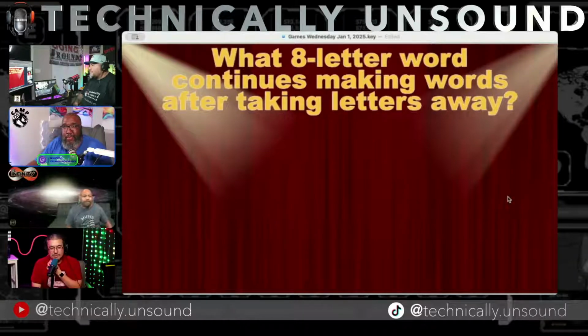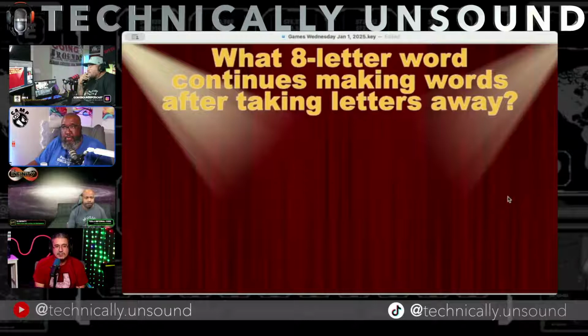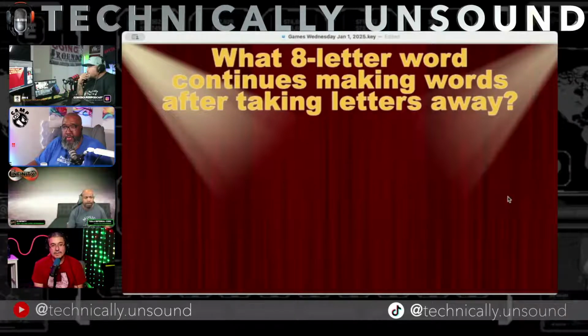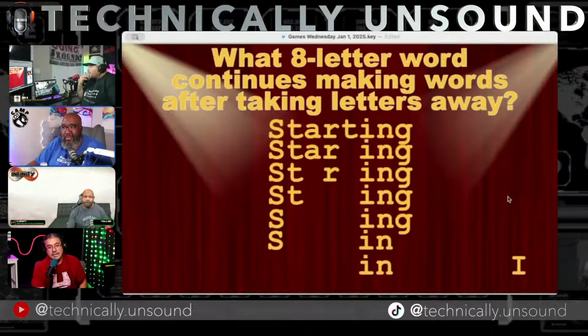Okay, this one right here, I probably should have made this last. This is a tough one. What 8-letter word continues making words after taking letters away, even down to a single letter, it still makes a word. All right, here it is. I'm just going to give it because I would have never got this. It's the word starting.